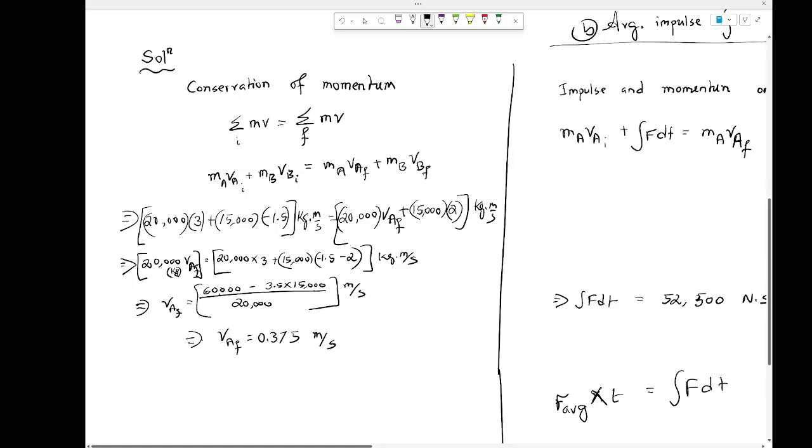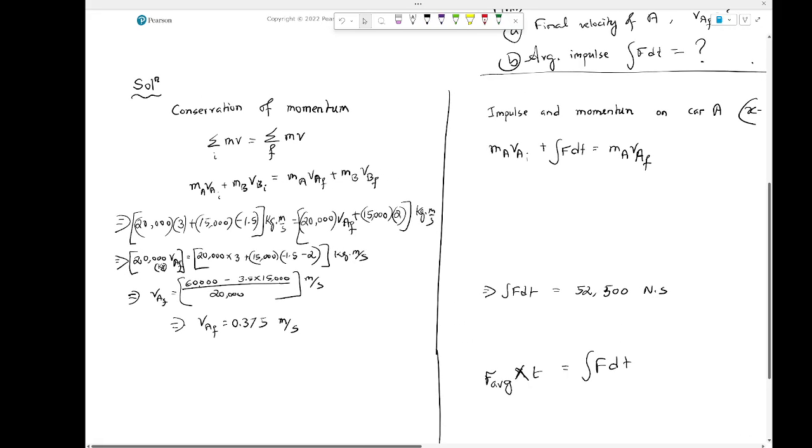That's the value you got, everybody? All right, perfect. So then the second one: the impact, integral of F dt, is equal to mA times vAf minus vAi.